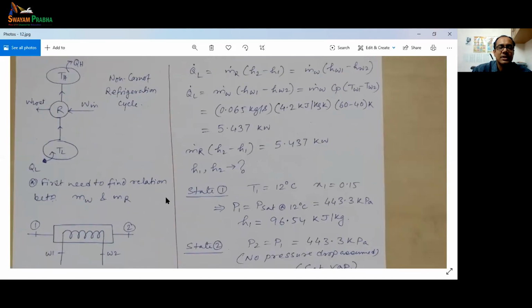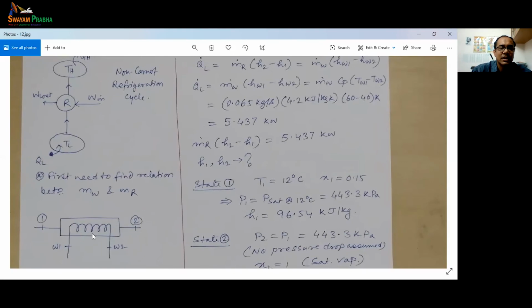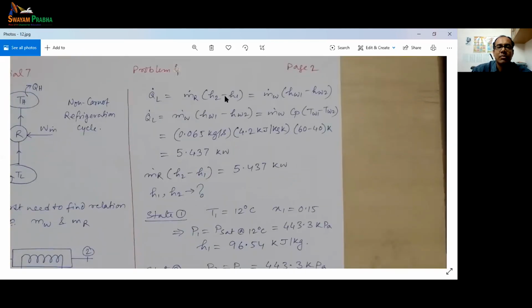Whatever heat exchange happens in this evaporator, the water will lose heat to the refrigerant stream, so the amount of heat will be the same for both streams. So this Q dot L will be equal to m dot R times (H2 minus H1). This is the amount of heat the refrigerant stream will gain, and the same amount will be lost from the water stream: m dot W times (HW1 minus HW2).